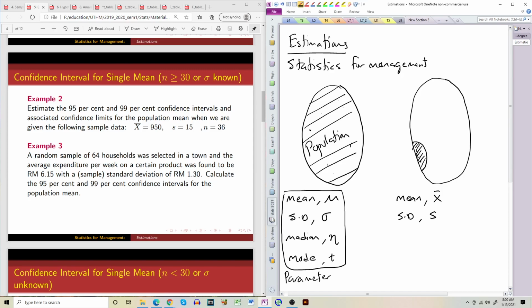Standard deviation is known as S. Median known as M. And mode, you can put any value if you want. This is known as a sample. Sample is part of the population.